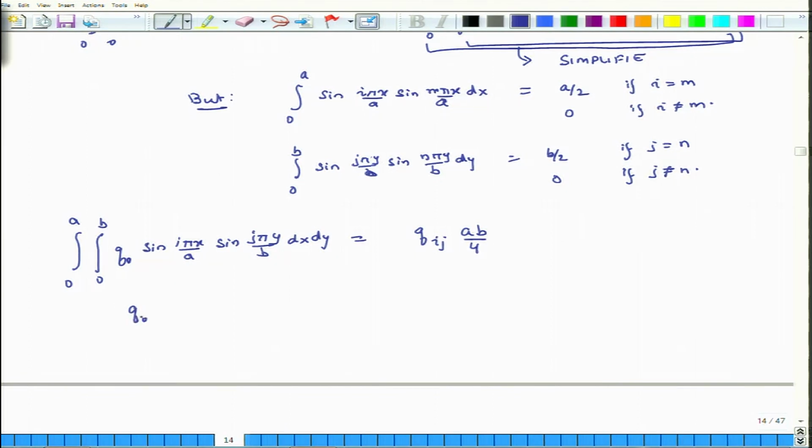q naught times the integral of 0 to a of sine i pi x over a dx.